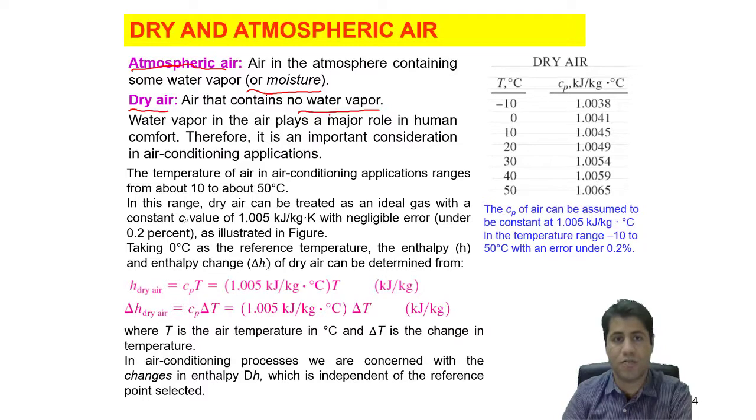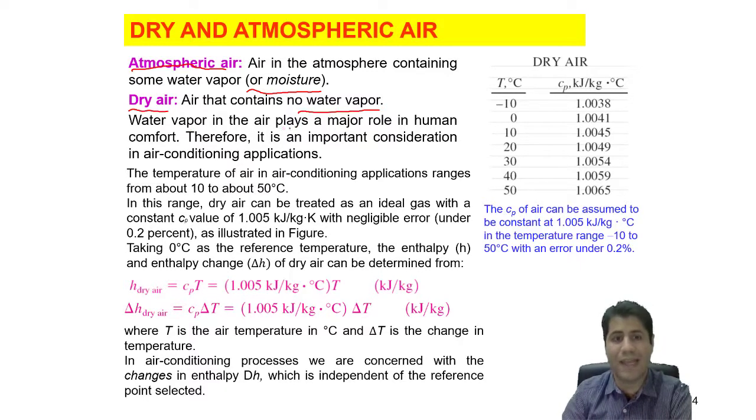These are two important definitions, and later on we will use them to find the moisture content or humidity of the atmospheric air. So atmospheric air includes all of the gases and water vapor, but dry air means air that contains no water vapor.